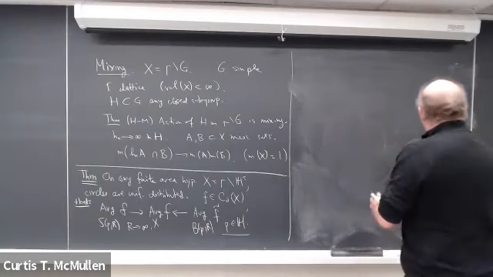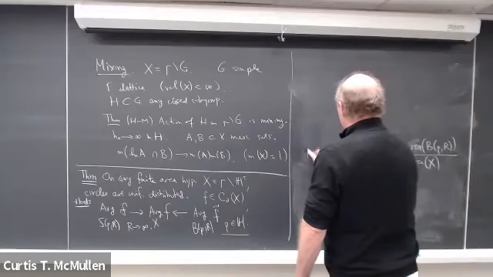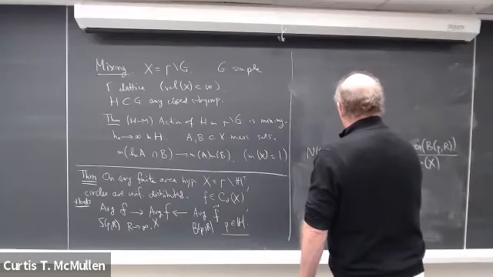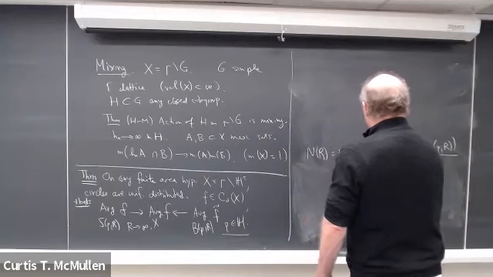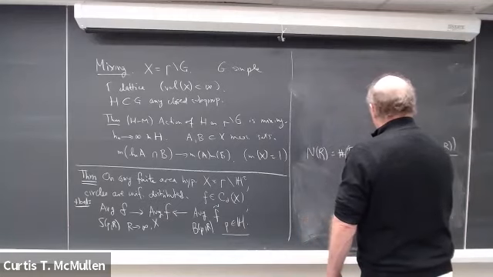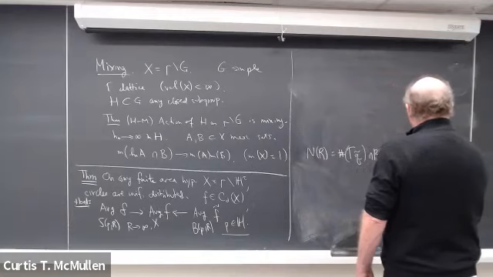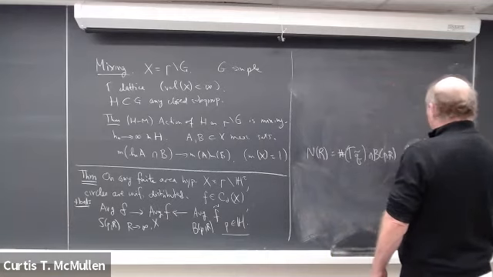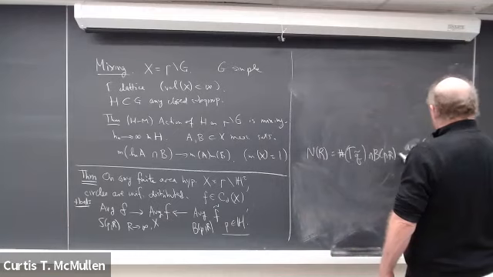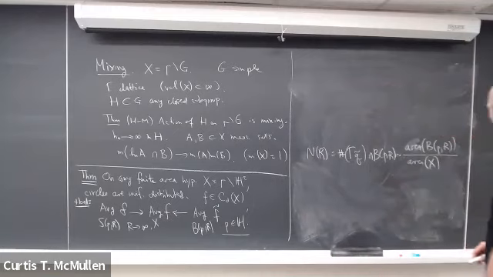So the counting theorem for hyperbolic space says n of r, which is the number of points in gamma q tilde intersect the ball around P of radius r, is asymptotic to this ratio, the area of a ball of radius r divided by x.